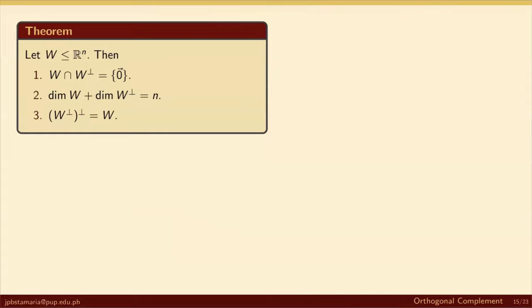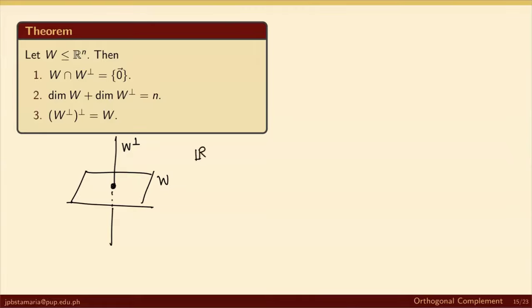That's why, from our previous examples, if you have a plane and the orthogonal complement is a straight line, the only intersection of the line and the plane is the zero vector, nothing more than that. Number two, when you add the dimensions of W and its orthogonal complement, it completes the dimension of the space.